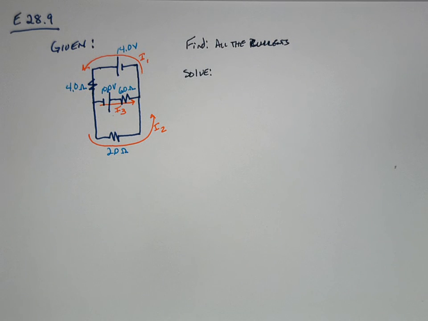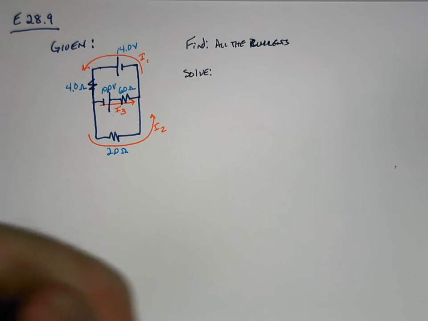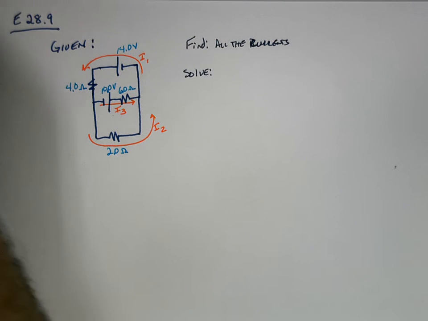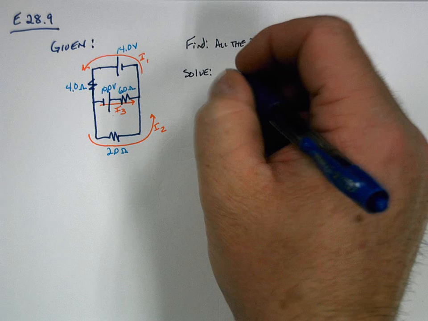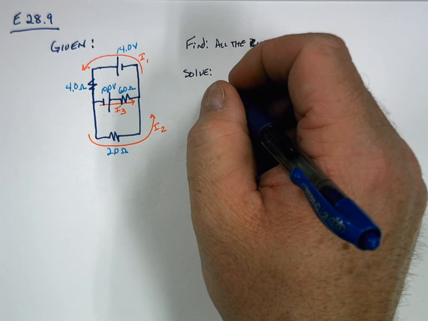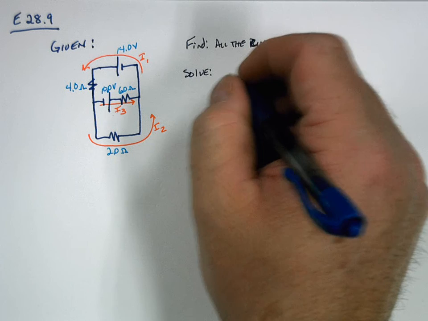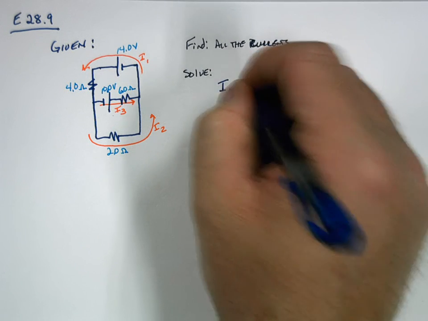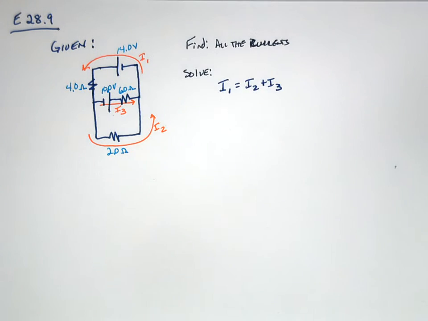Well, the first equation I'm going to write is the easy and obvious one, the junction rule equation. I1 equals I2 plus I3.